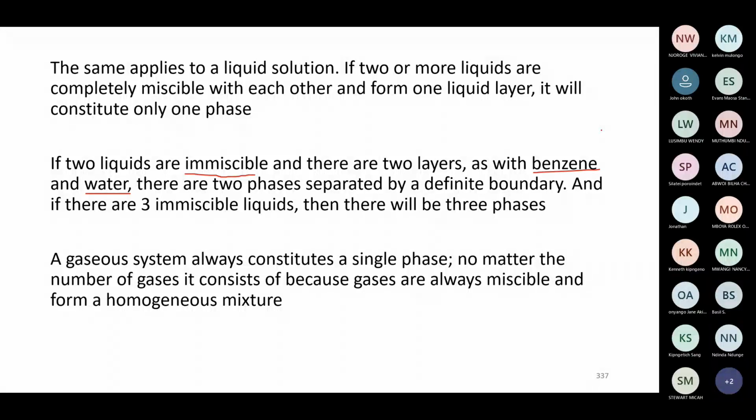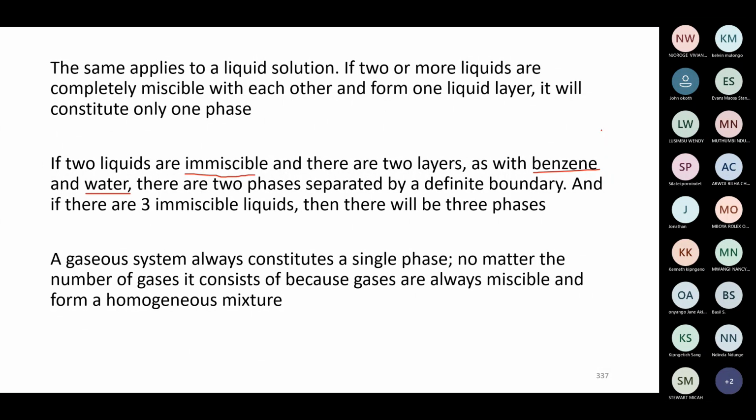Now, in the case of a gaseous system, it always constitutes a single phase, no matter the number of gases that it consists of, because gases are always miscible and they usually form a homogeneous mixture.